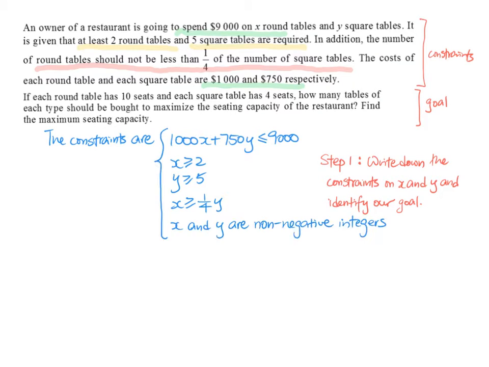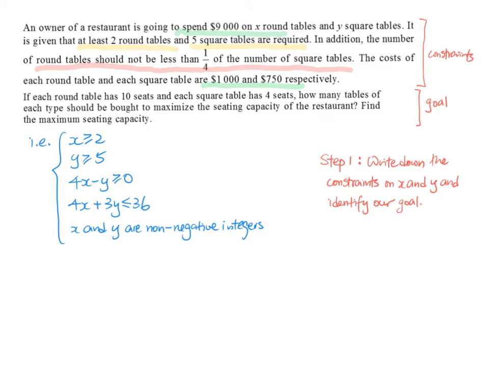Altogether, these 5 are the constraints. Now these 2 lines have numbers, but those are our objectives, so they have to be separate from what we use for the constraints. After you've simplified the inequalities, you get these. That is the end of step 1.